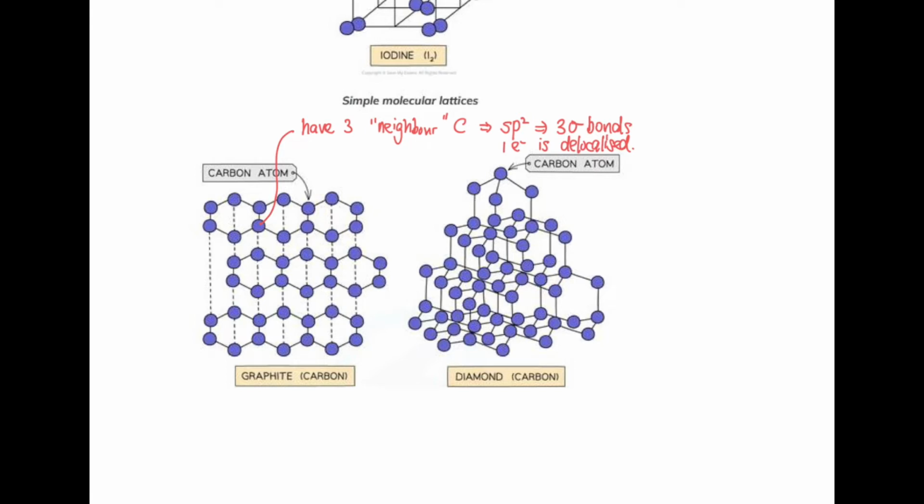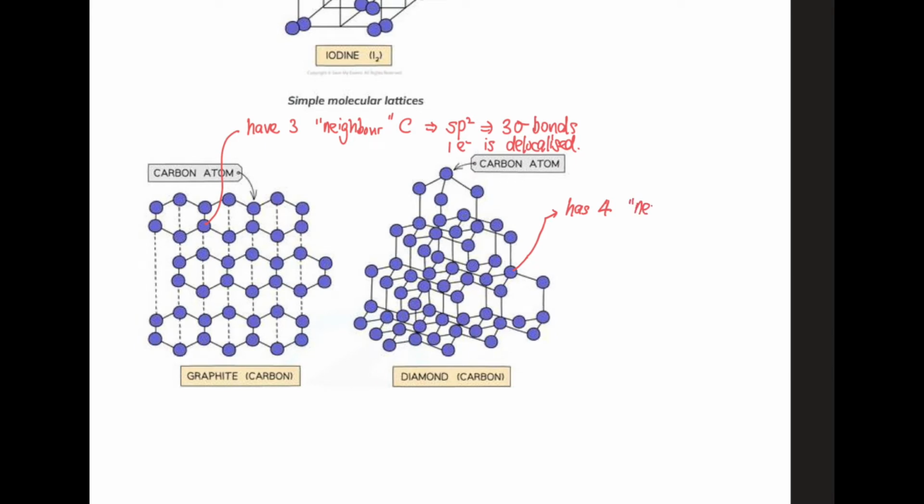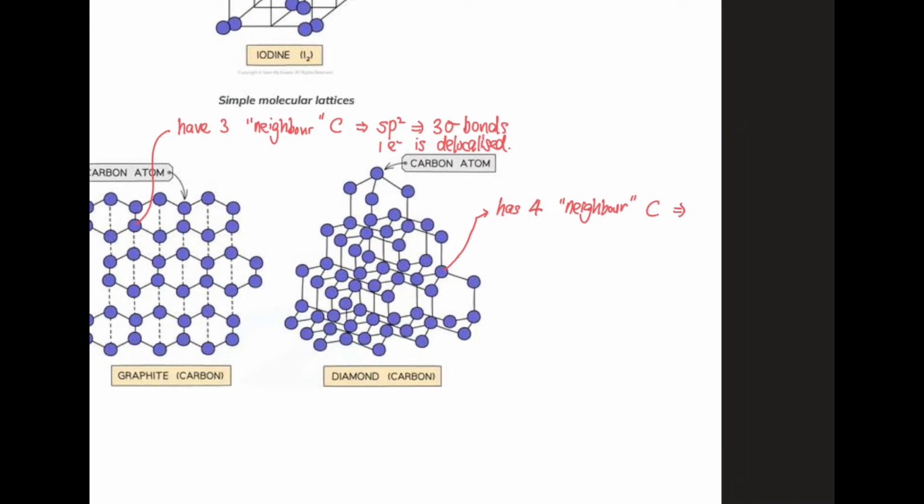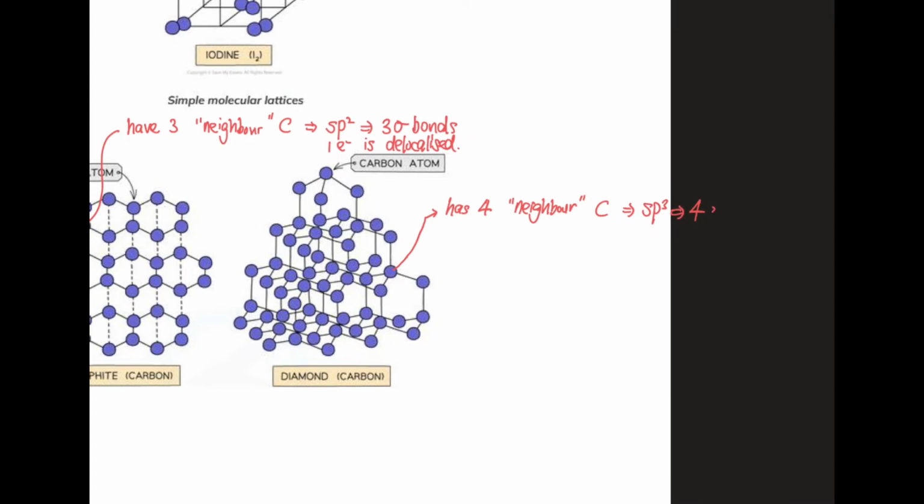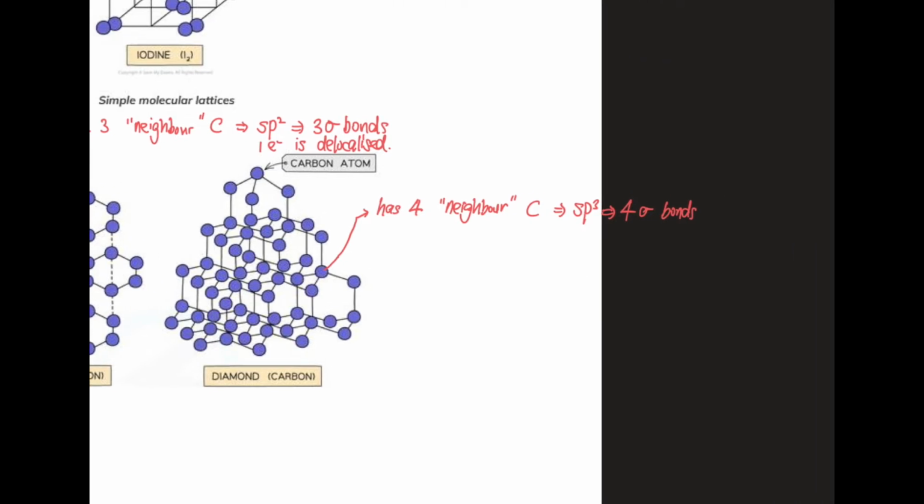If I look at this, you can see that these carbons have 4 neighbor carbons. So it is going through sp3 hybridization to form 4 sigma bonds, with no delocalized electron, and cannot conduct electricity.